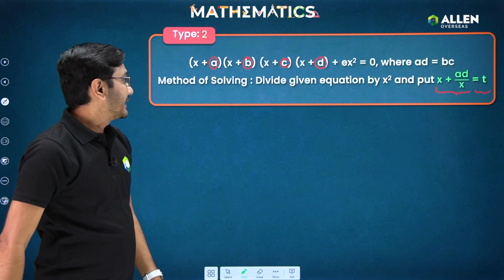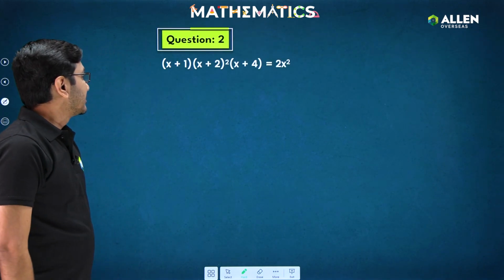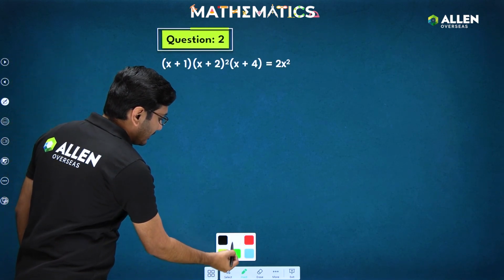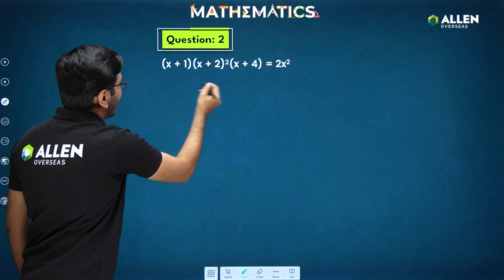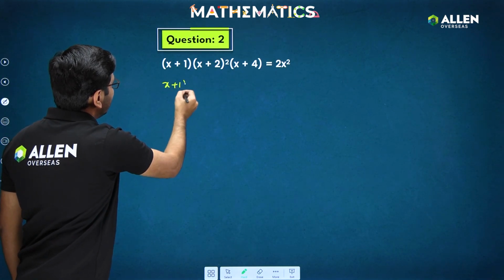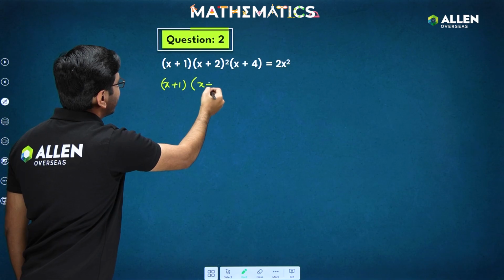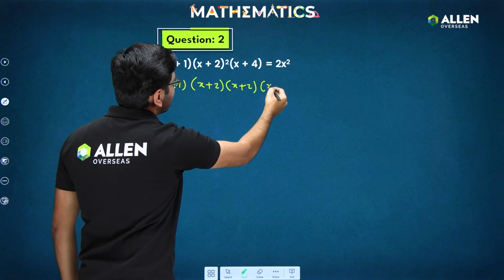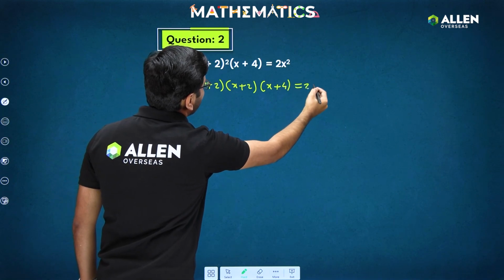So let's see an example of this type. We have the question: x plus 1, x plus 2 whole square, and x plus 4. If I write it like this, x plus 1, x plus 2 whole square can be written as x plus 2 into x plus 2, and then I have x plus 4 equal to 2x square.